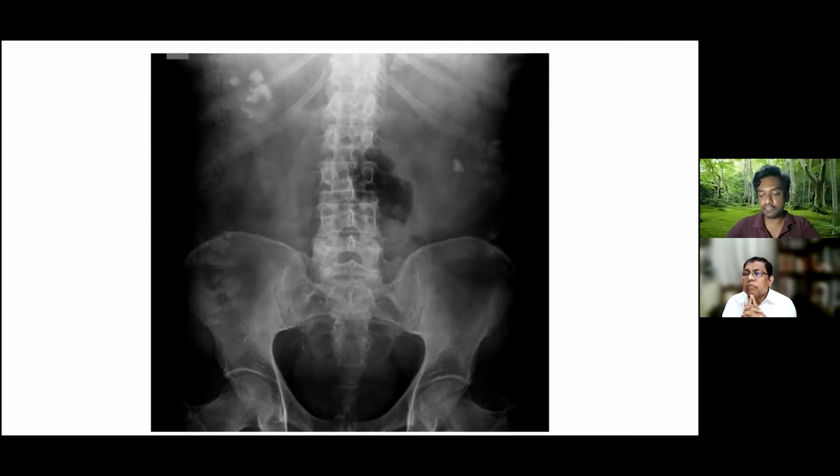But it will take longer time to treat the stone, and the complication risks based on the longer duration of the surgery would not be very satisfactory. So based on the evidence, the best option would be to go ahead with a percutaneous nephrolithotomy.